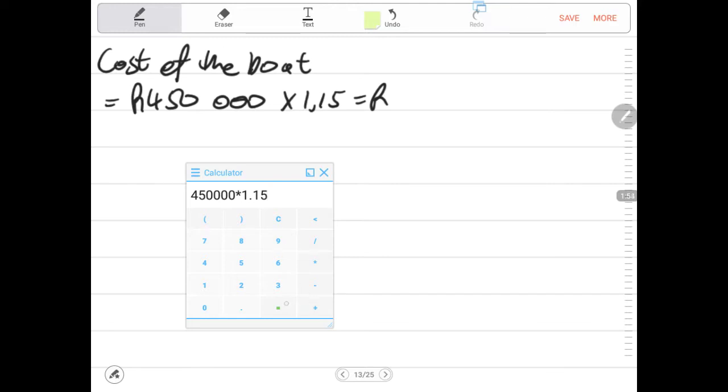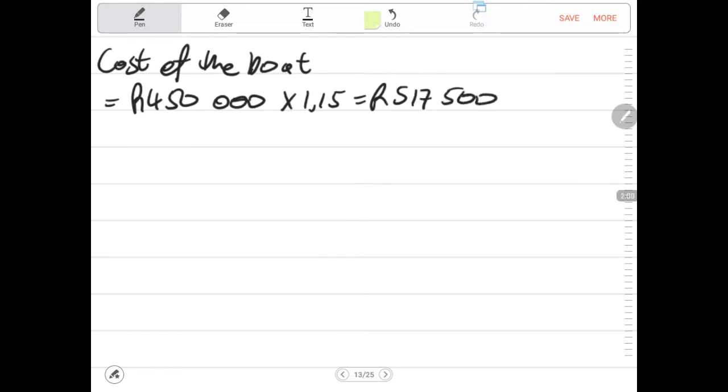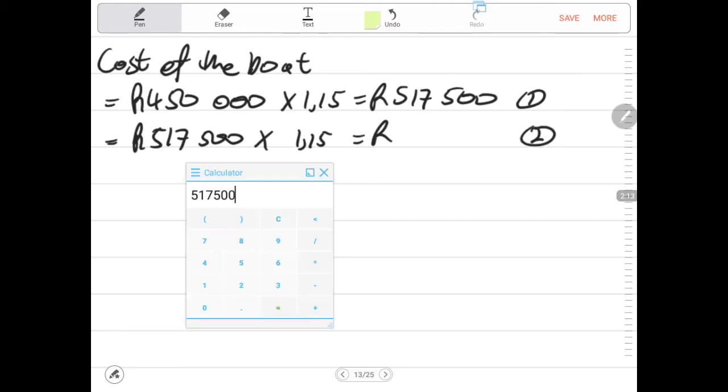450,000 times 1.15, we get 517,500. Then we need to say the 517,500 must increase by 1.15. Remember, this is year 1, then now we are in year 2. Times 1.15, this will be 595,125.